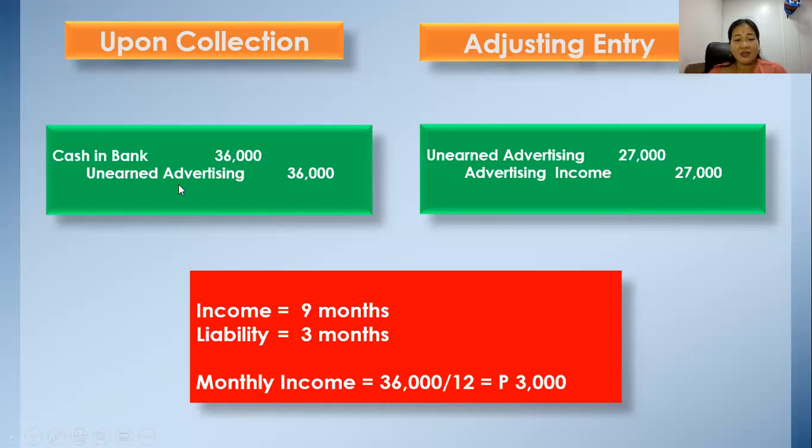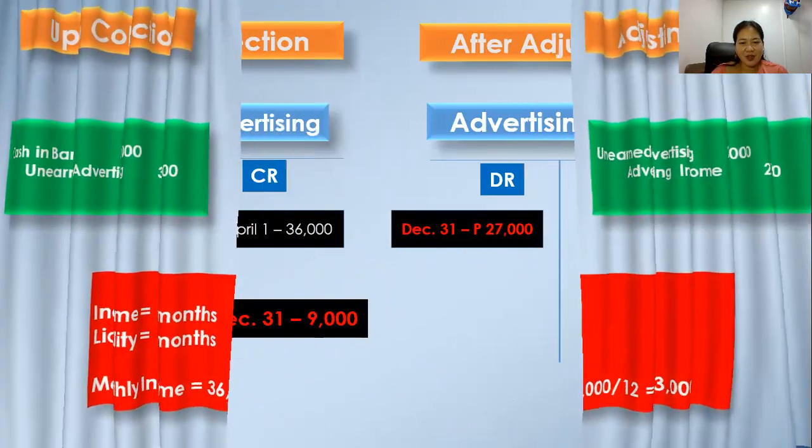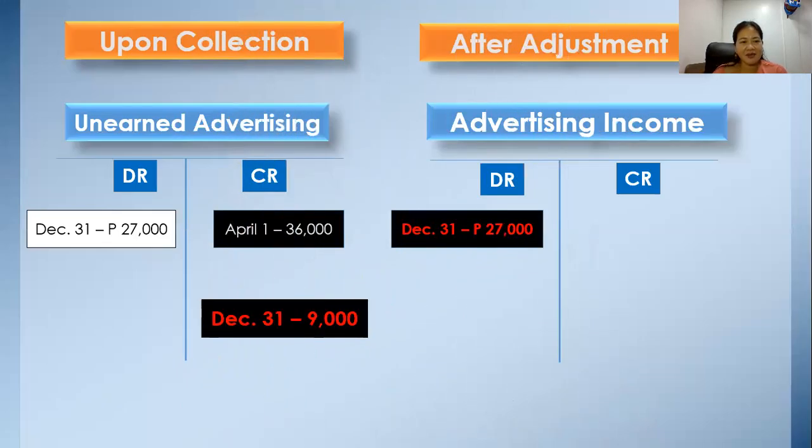Then when you prepared your adjusting entry, what you did is you reduce the unearned advertising, or you reduce the liability, by the income of 27,000, and you recognize income of 27,000.